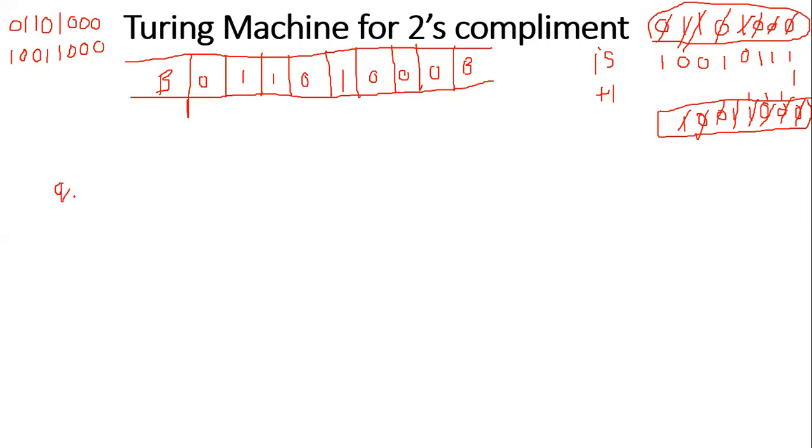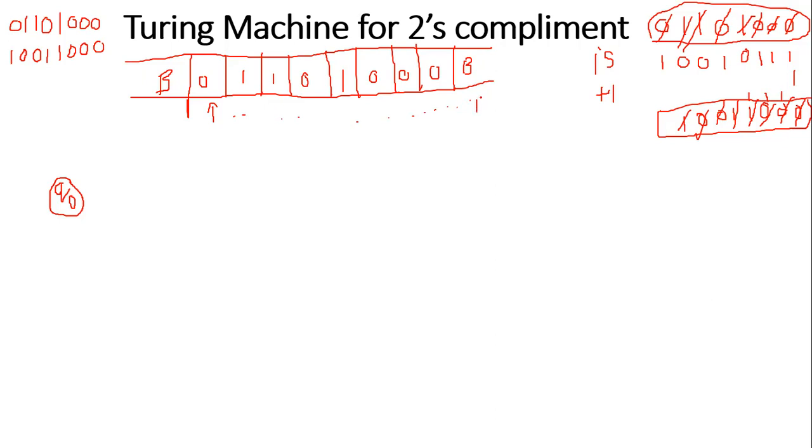So let's start with q0. We are going to move to the right without doing anything. Initially our tape head points to the first symbol, and we are moving to the rightmost end without changing any input symbols.